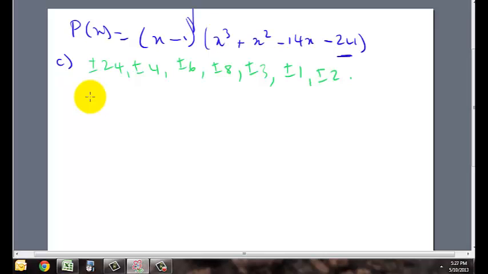Oh, we already did minus 1. No, we haven't. I'm going to try 2 cubed plus 2 squared minus 14 times 2 minus 24 gives me minus 40.